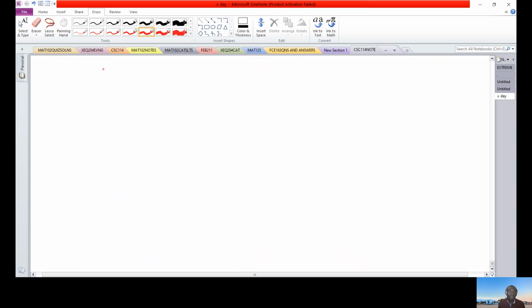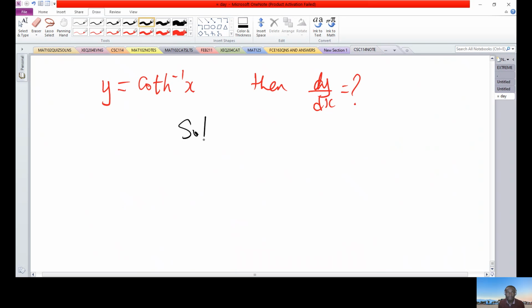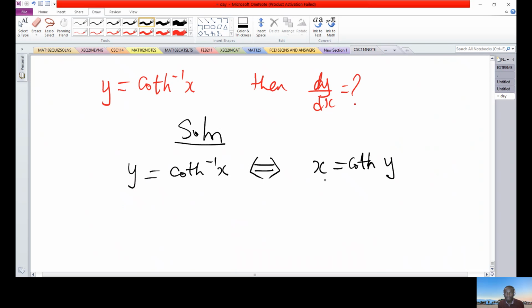And then next, given y is hyperbolic inverse of cot, then dy/dx is given by what function? So solution, we do the same thing. Saying y equals hyperbolic inverse of cot is the same thing as saying that x is the same as hyperbolic cot of y.